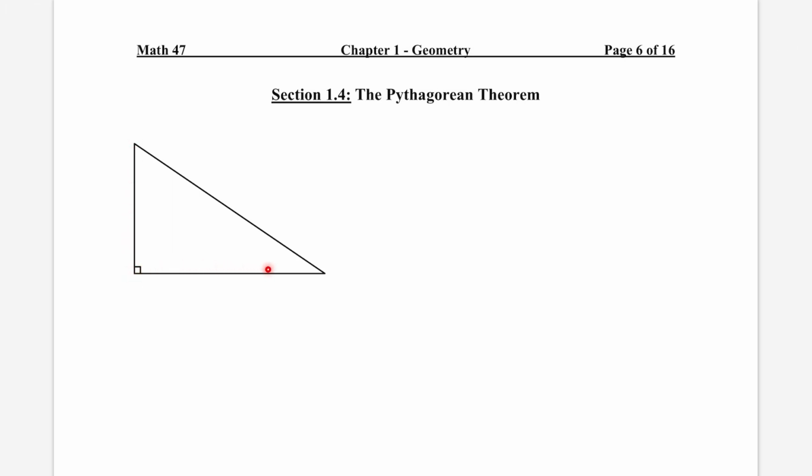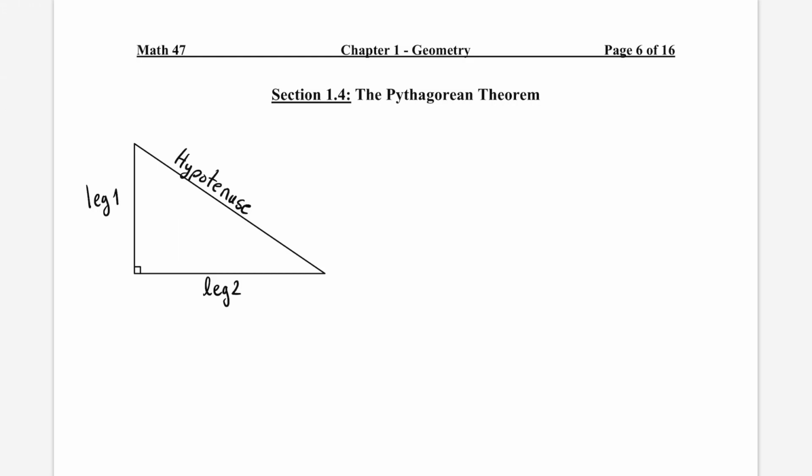So in a right triangle, I have the two sides that create the right angle. I call this side leg 1 and this side leg 2. And the side that is across from the right angle is called the hypotenuse.